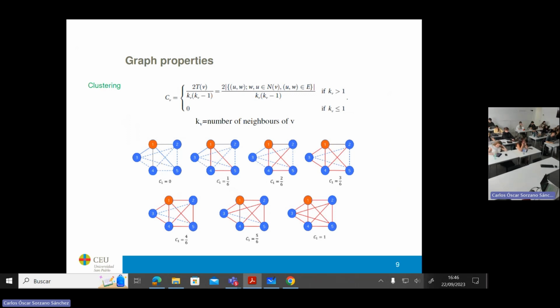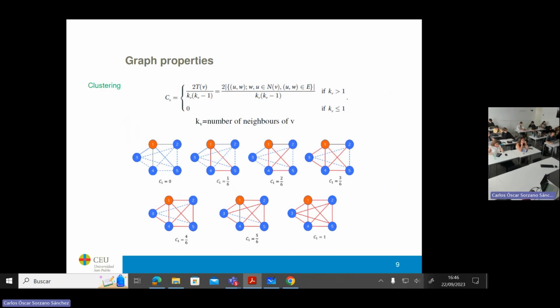And this set is the set of all edges (u, w) such that w is in the neighborhood of V and u is in the neighborhood of V.